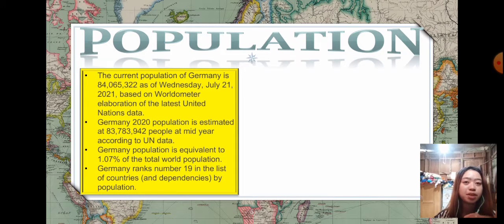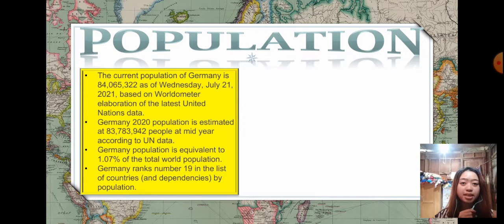Population in Germany. The current population of Germany is 84,065,322 as of Wednesday, July 21, 2021, based on Worldometer elaboration of the latest United Nations data.